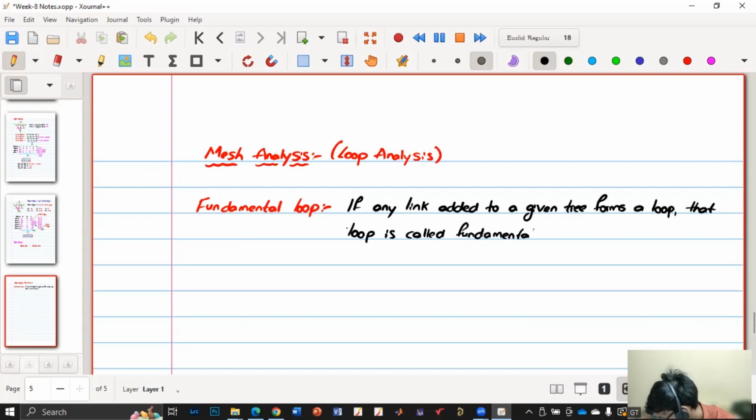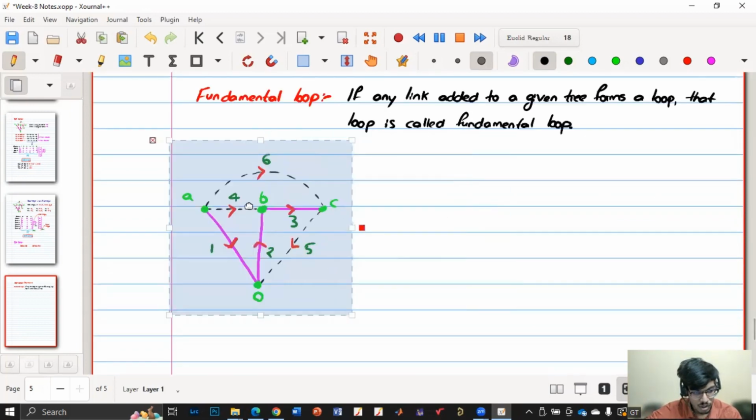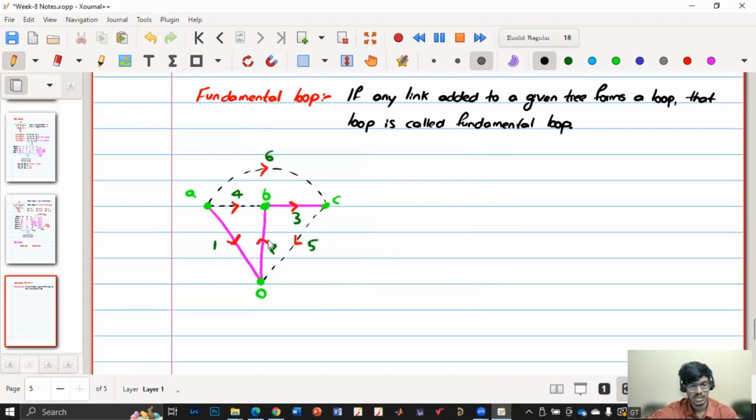Okay, let us understand. We'll consider the previous graph. Here we have three links. If I consider this link, you can notice that a loop is formed here, right? Did you understand?